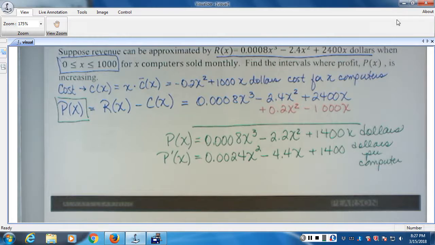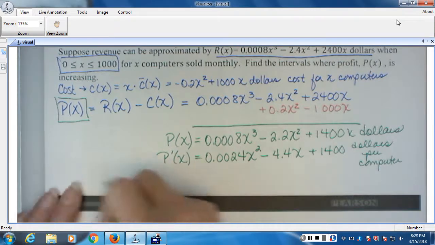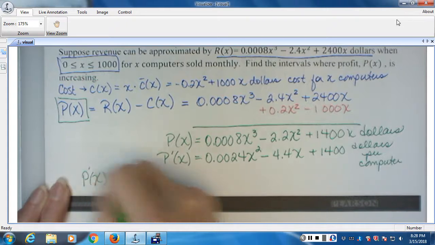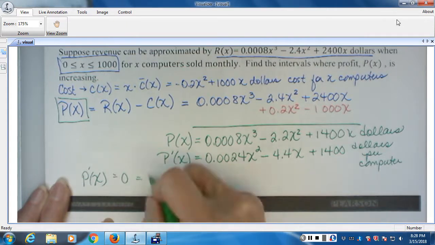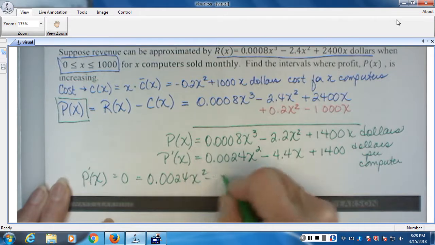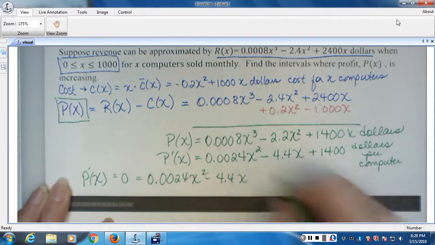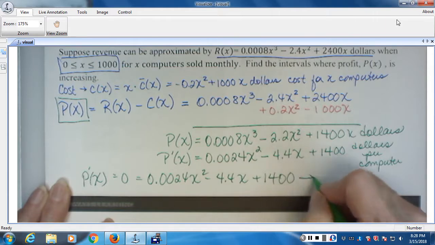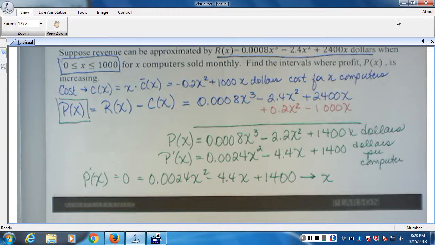And that would be 0. There's only going to be two potential values for x. Now, I don't really think I want to factor that.